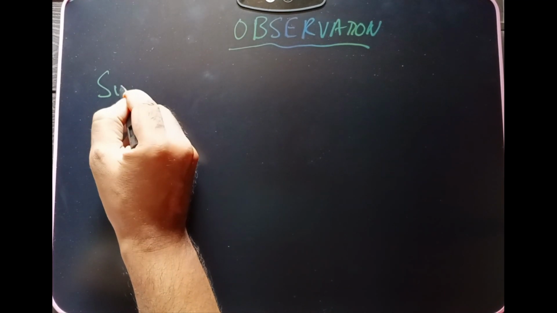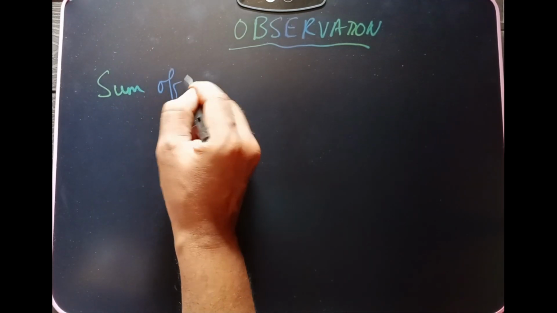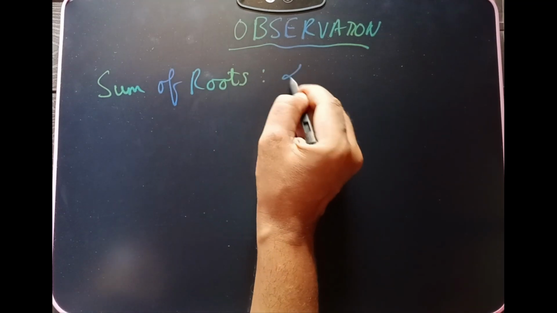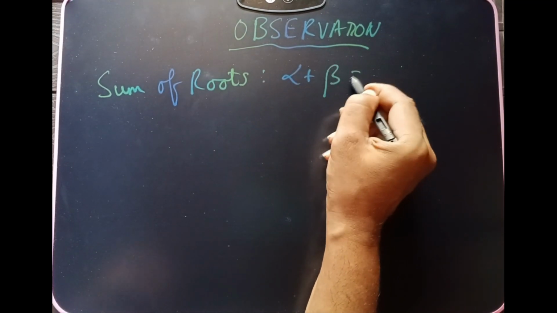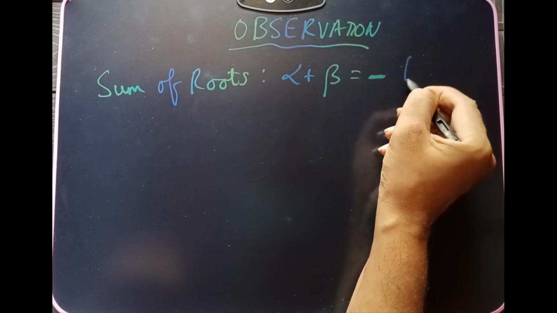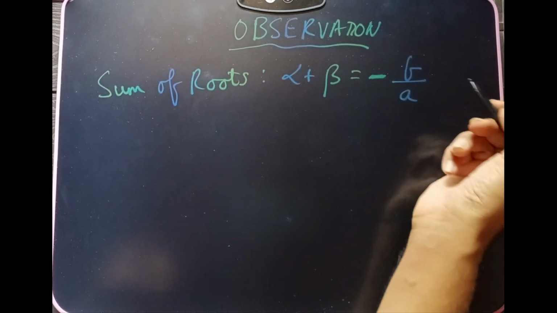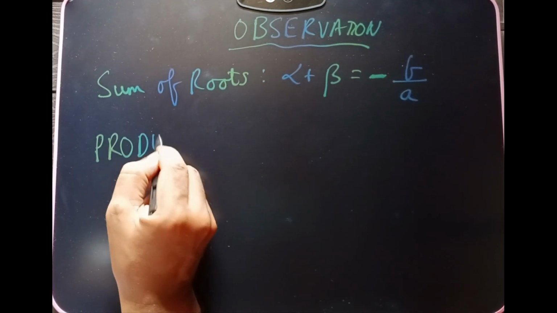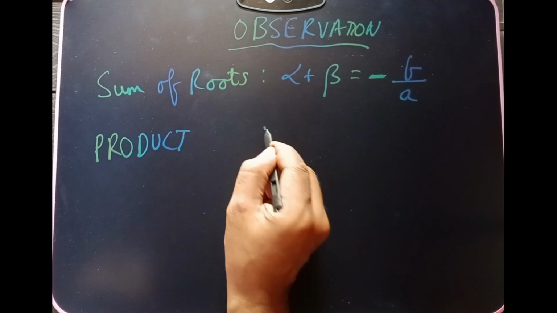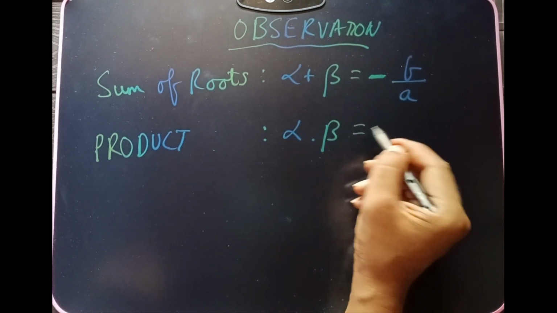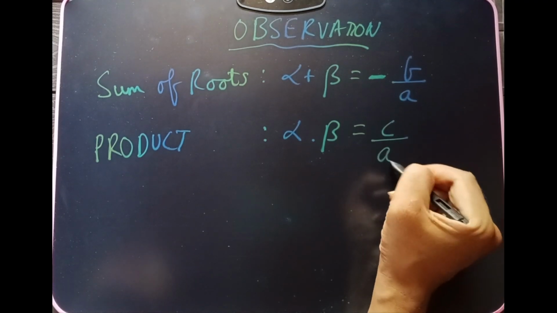Sum of roots. If you add them up, alpha plus beta, you will get equal to minus b by a, and the product is given as alpha dot beta is equal to c by a.